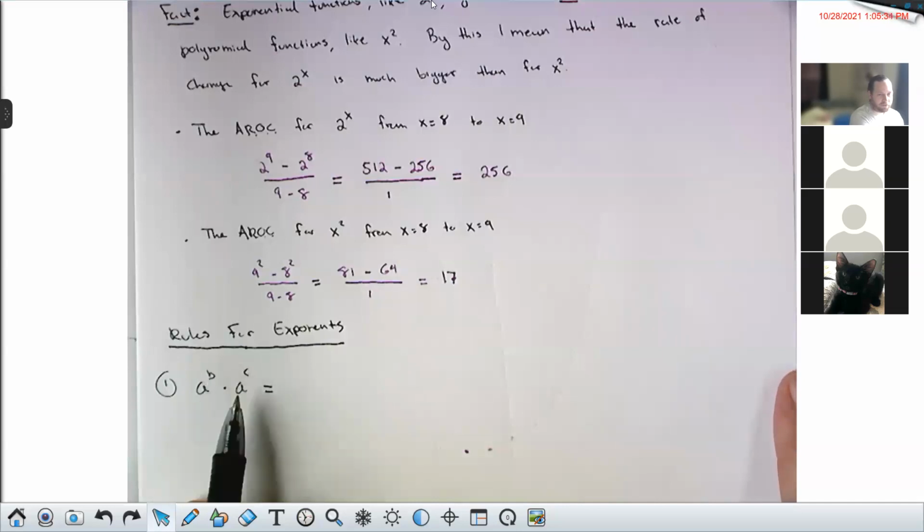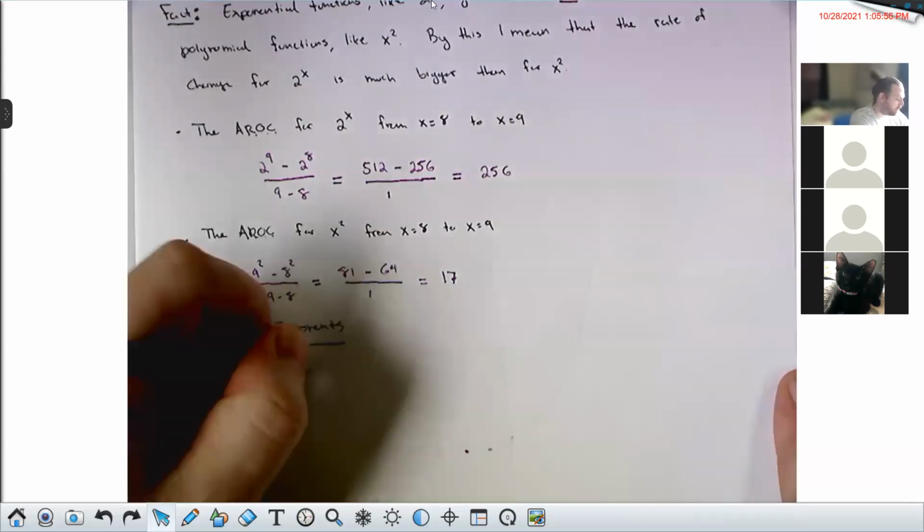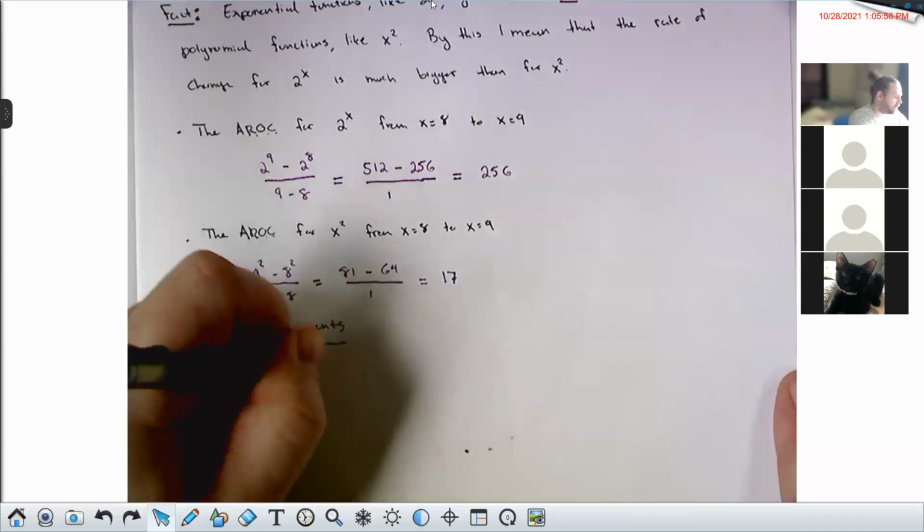And a to the c is a times a times a, c times. So this whole thing together is a bunch of copies of a. We've got b copies of a here, and you're multiplying that by c copies of a here. So altogether you have b plus c copies of a. So a to the b times a to the c is a to the b plus c.